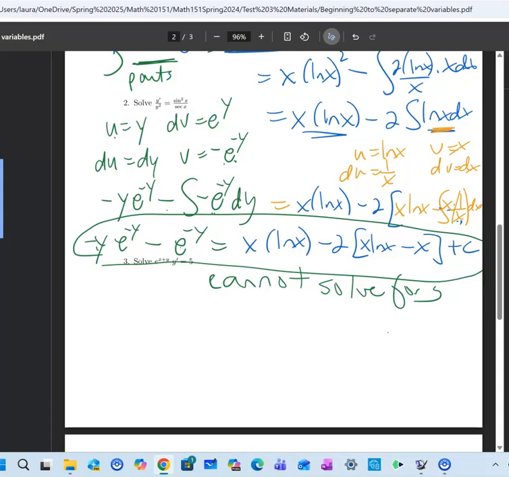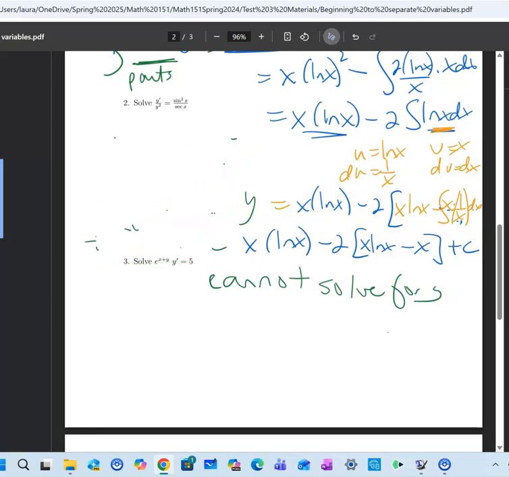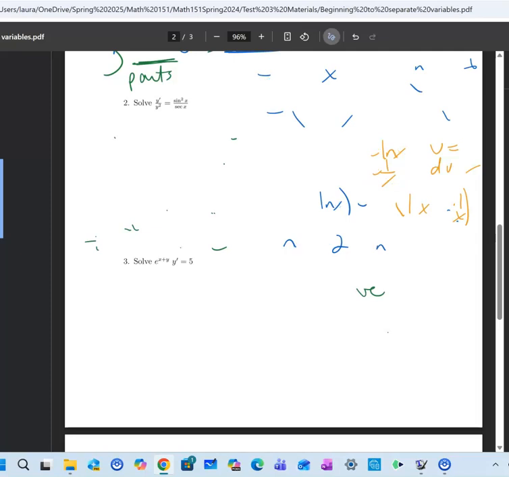All right, so let's do this one, number 2 here. So again, you always start off with rewriting y prime as dy over dx, and then you want to separate the variables. Okay, so dy over dx, boy, it takes so long to erase, sorry about that. Okay, let's do it.